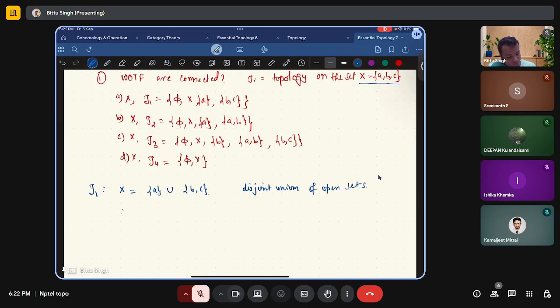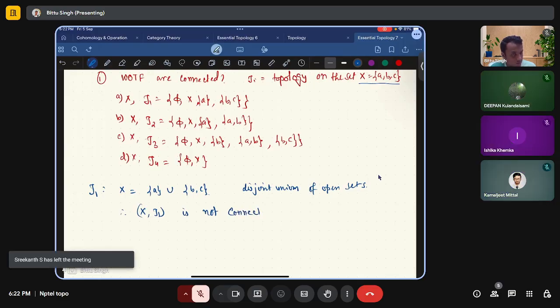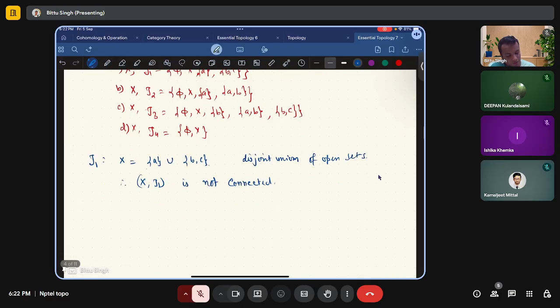Those are open, disjoint. Therefore, from here it is clear that (X, tau 1) is not a connected space, or disconnected. Now, what about X with respect to the topology tau 2? Can you write X as a union of two disjoint open sets?